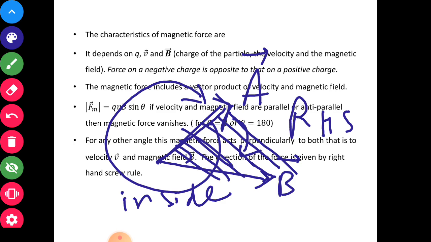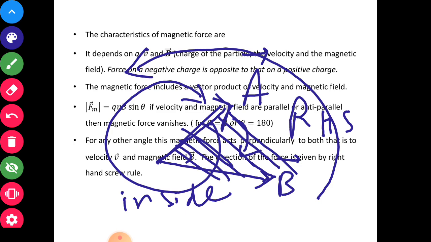Right now if you take A cross B, then the direction is going inside the plane. If you take B cross A, then it will be anti-clockwise and the screw will advance perpendicularly outside the plane of the mobile. So the direction will be coming out of the plane. This way you can find the direction.